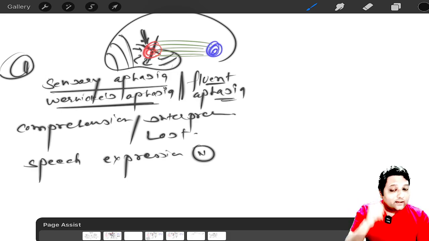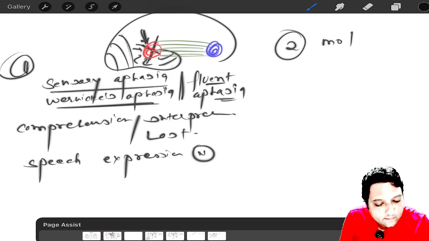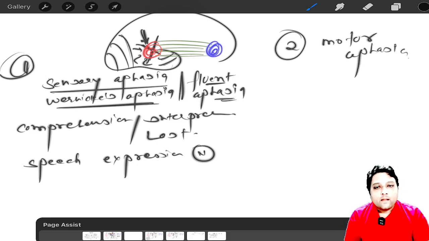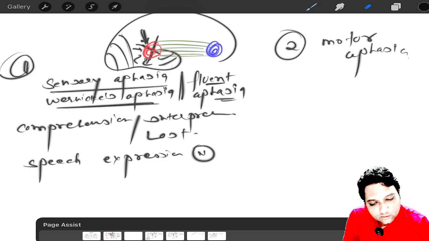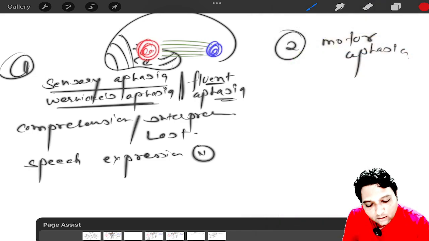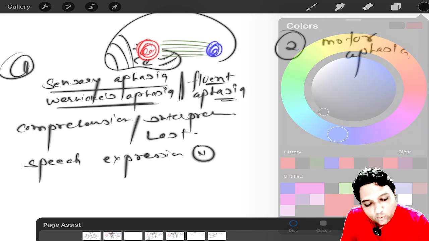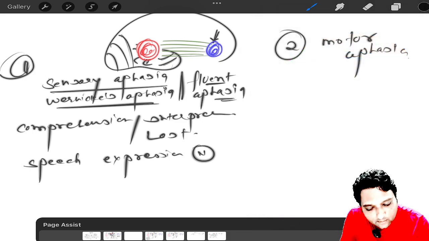What is motor aphasia? Second is motor aphasia. Now in motor aphasia, the lesion is in Broca's area, but Wernicke's area is normal.